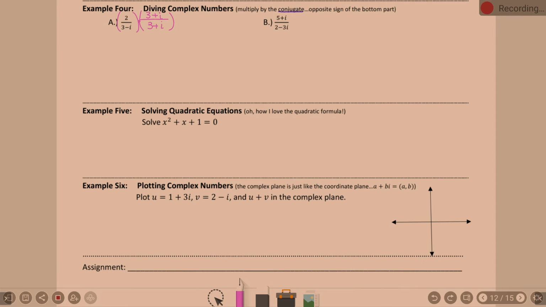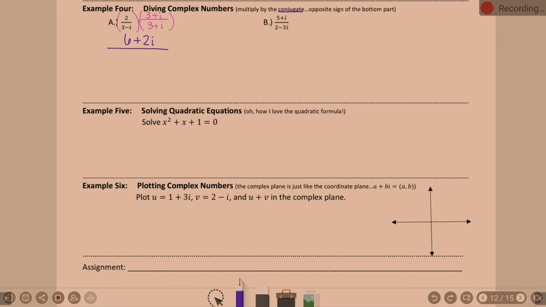And then we multiply. How do I multiply on top? You just distribute. 2 times 3 plus i is going to become 6 plus 2i. How do I multiply 3 minus i times 3 plus i? Distribute. We can talk FOIL.